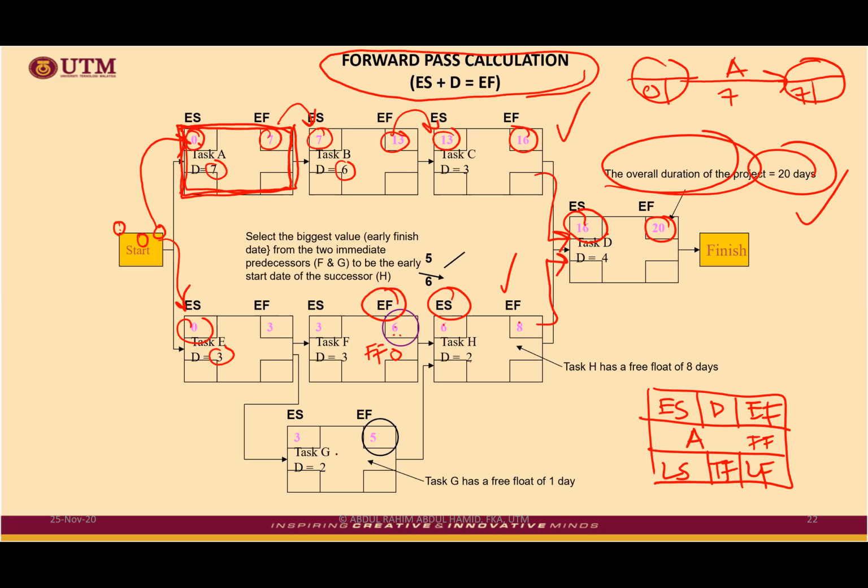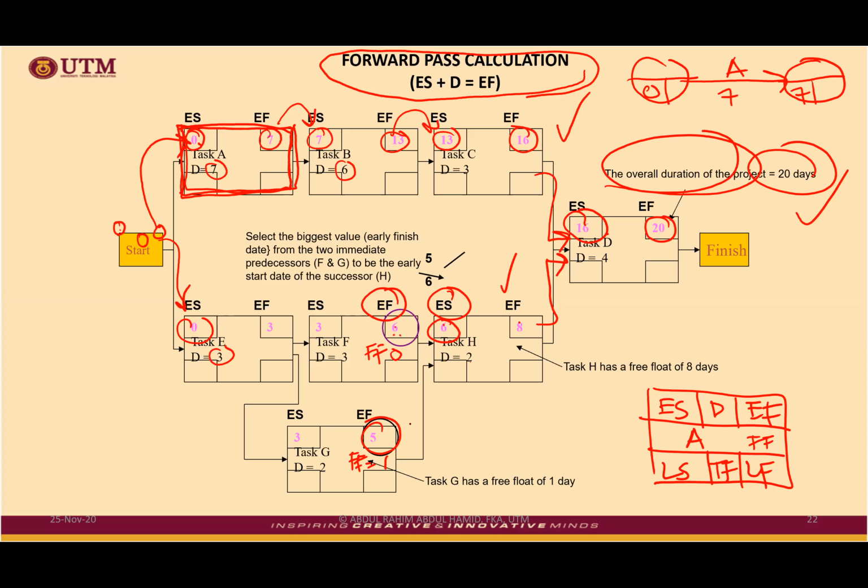How about G and H? G and H, you compare this value. 6 and 5. 6 minus 5 equivalent to 1. Meaning to say, activity G does have free float equivalent to 1. Because H will start on day 6, whereas activity G already finished on day 5.